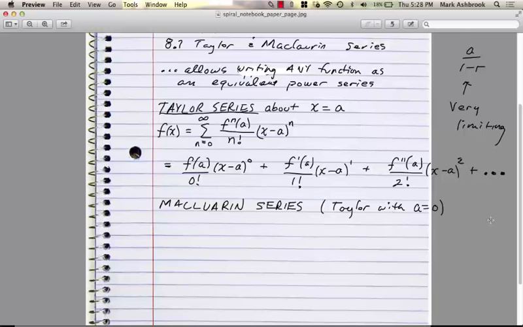A Maclaurin series is a Taylor series where your a equals 0, and so then it's just a lot easier. So it's n equals 0 to infinity. Same thing, but now it's all the derivatives at 0, and then it's just x to the n.